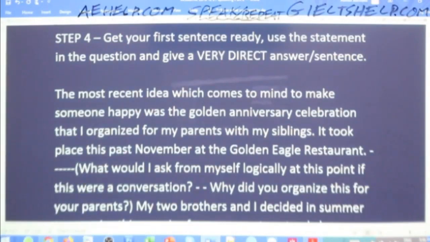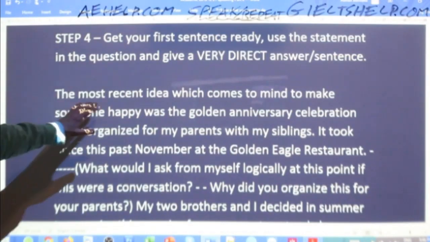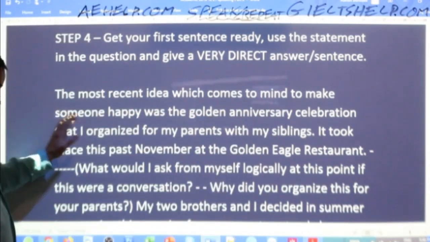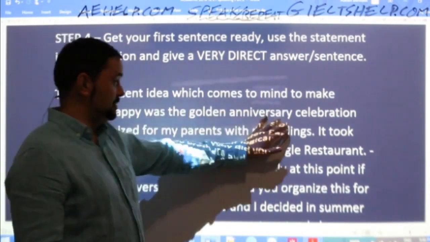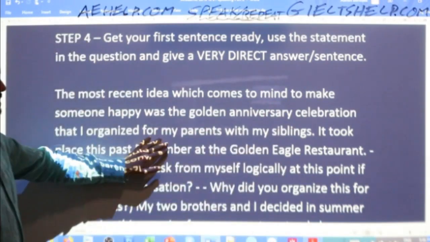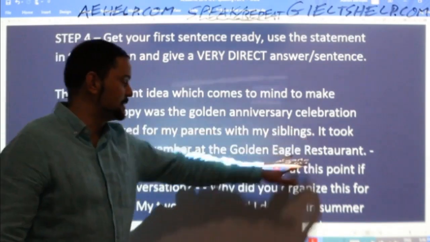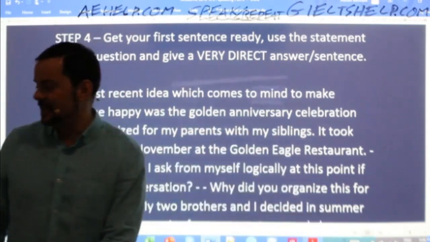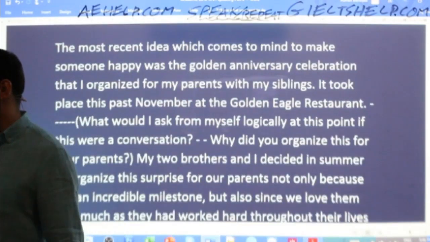So, the most recent idea which comes to mind to make someone happy was the golden anniversary celebration that I organized for my parents with my siblings. It took place this past November at the Golden Eagle restaurant.